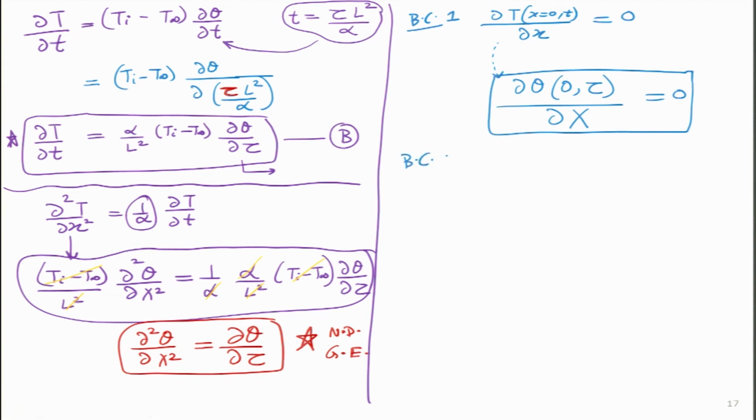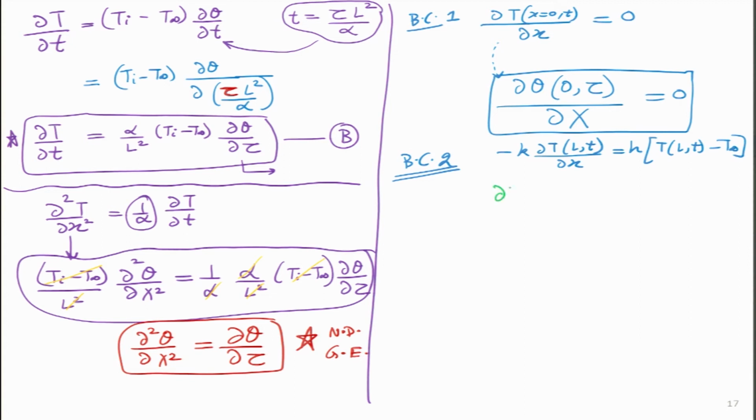Then boundary condition number 2, which we remember was a slightly long equation: minus k del T at L comma t divided by del x equals h times T at L comma t minus T infinity. If we non-dimensionalize this, what we get is something like this.